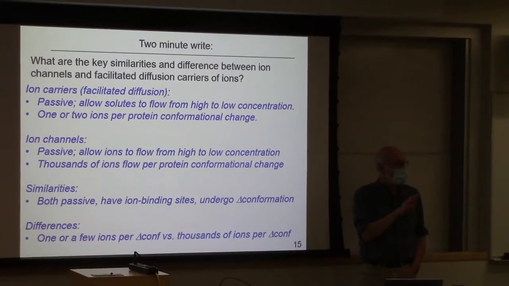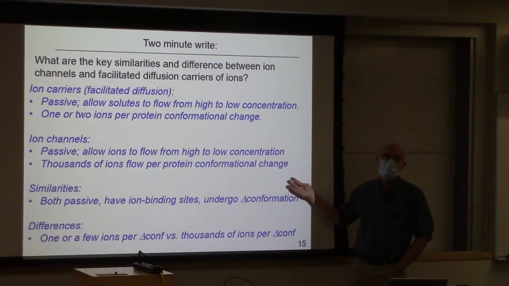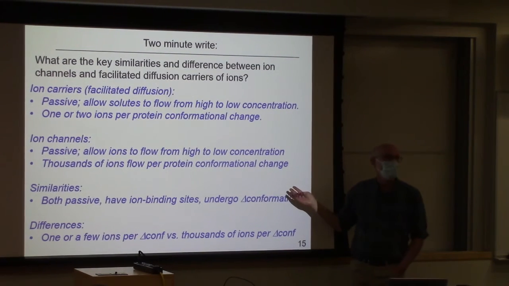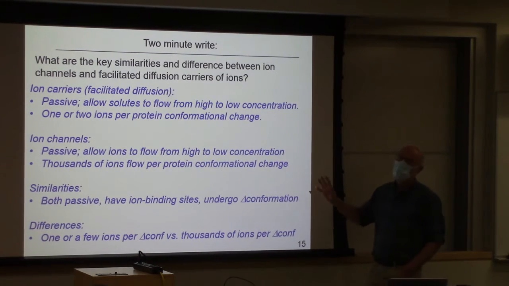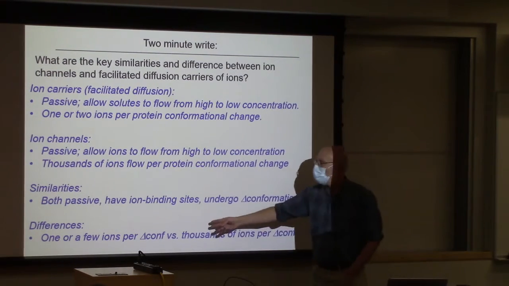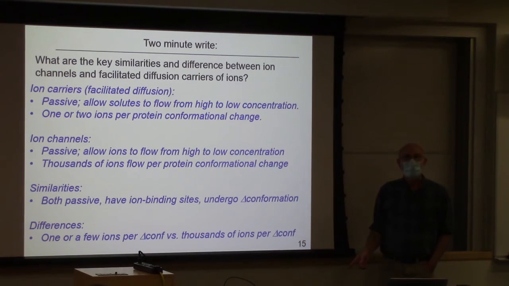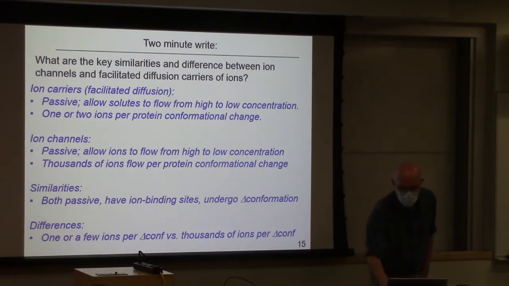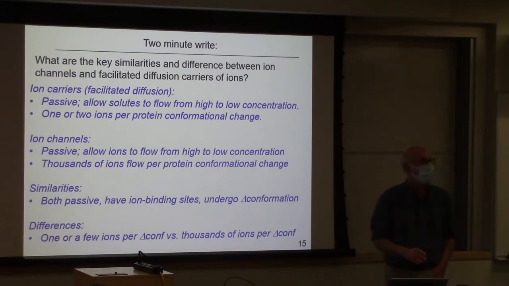Robbie remembered that they are selective, and I forgot about it last night, which is weird because I've studied selectivity of ion channels my whole scientific life. Differences: one or few ions per conformational change versus hundreds or thousands. We did a better job with differences. And we had the rates as well. Oh yeah, rates of binding.